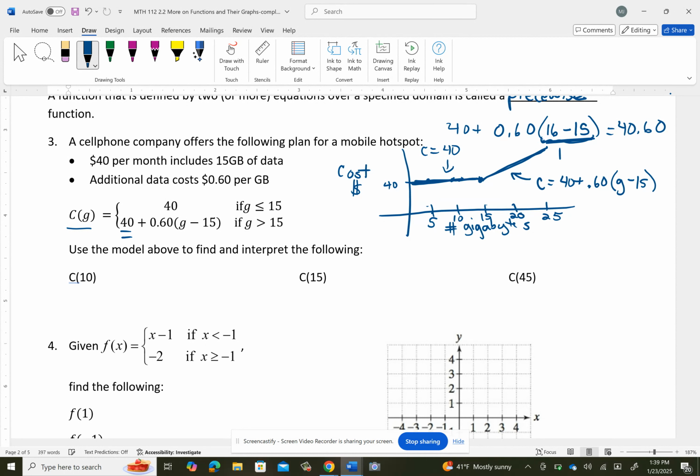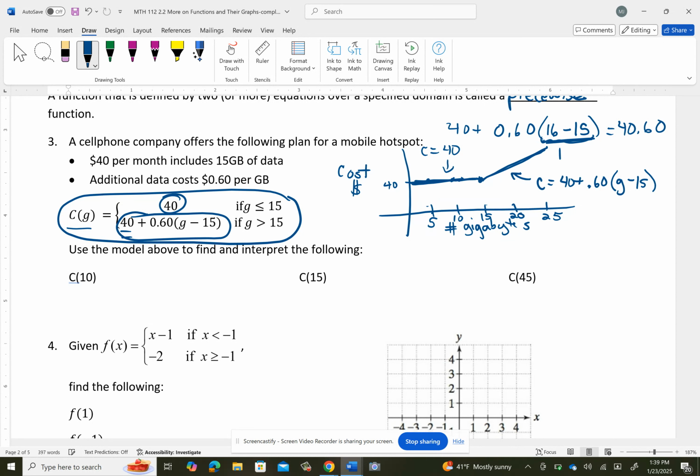Piecewise functions often have the rules given to you in a format like that. So you have two rules. The cost equals either 40, or the cost equals 40 plus 60 cents times G minus 15. Which rule you use depends upon your input.